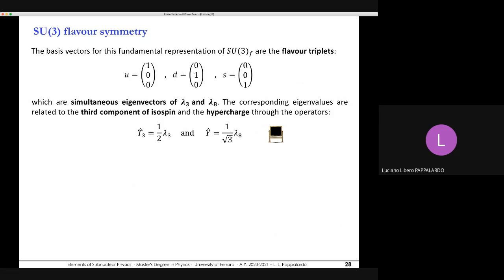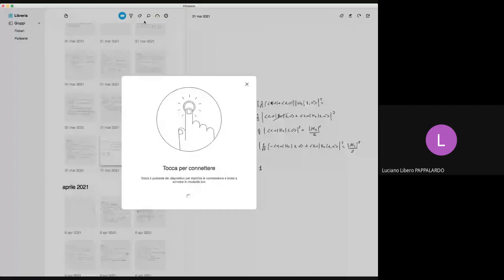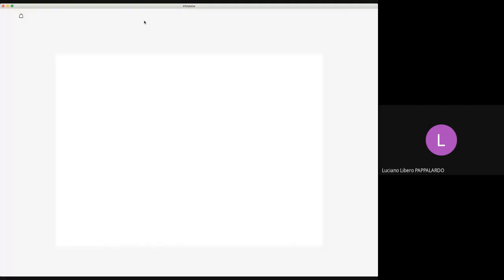So let's check this quickly on the board. Our operators are indeed I3, that is 1/2 of the third Gell-Mann matrix, and Y, that is 1/√3 of the 8th Gell-Mann matrix.